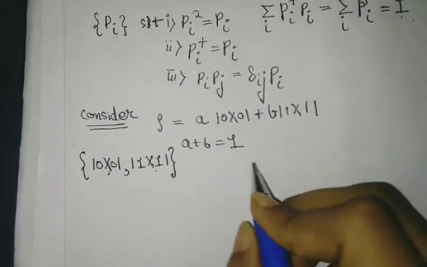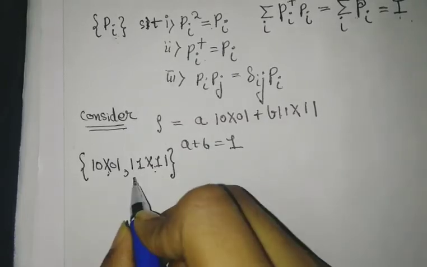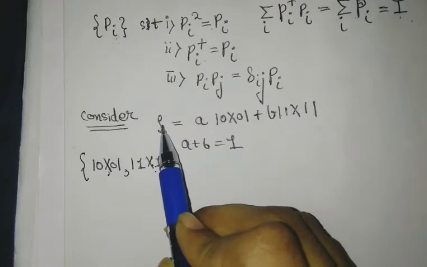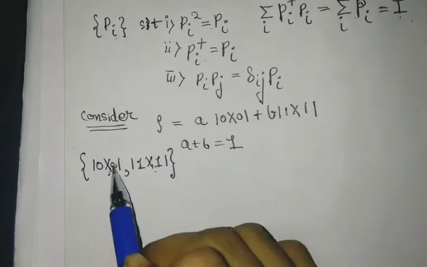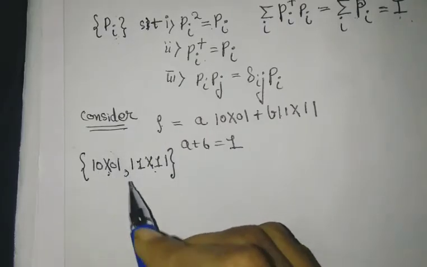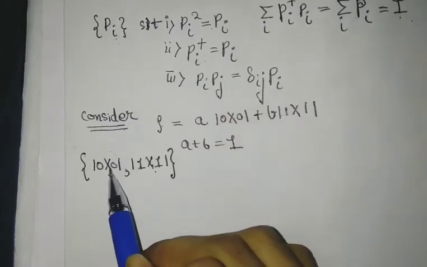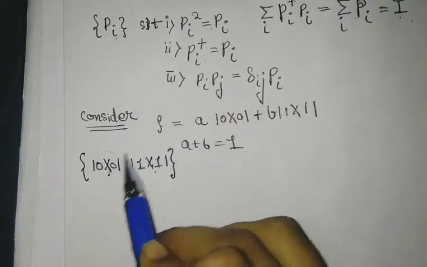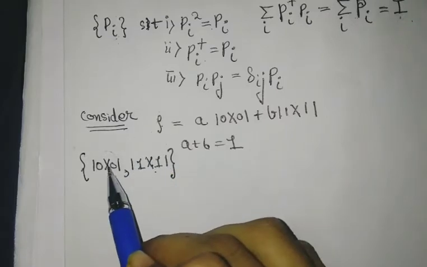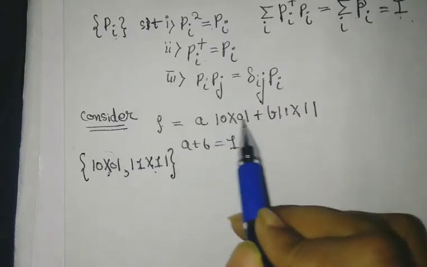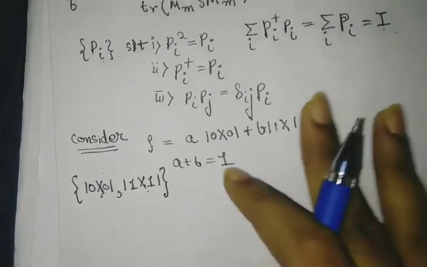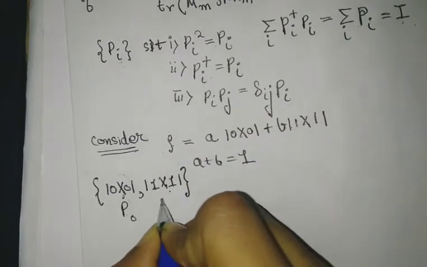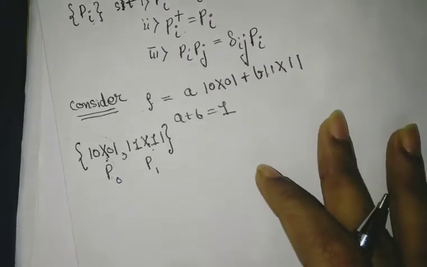Now what will be the outcome if this rho is subjected to this measurement? Intuitively, after measurement, you are asking how much of 0 is contained. Let's call this P0 and this P1.